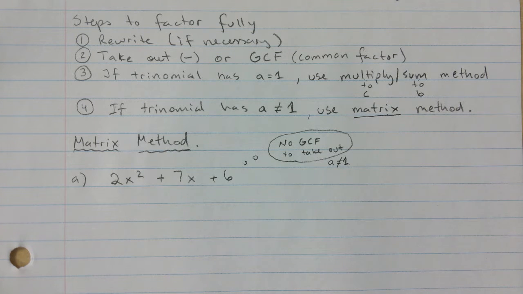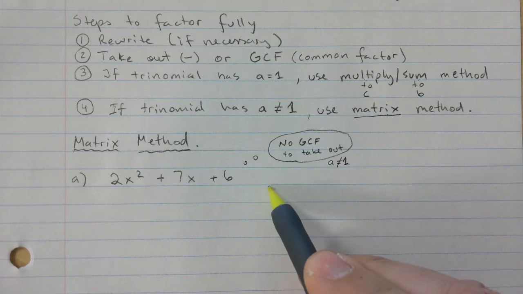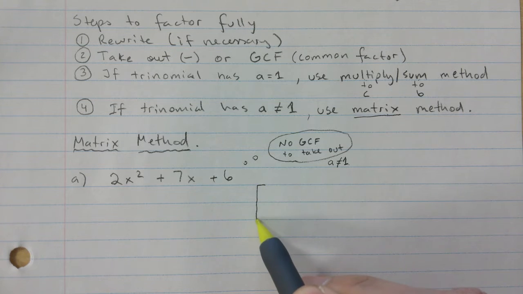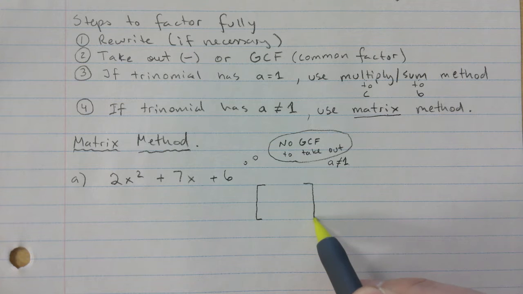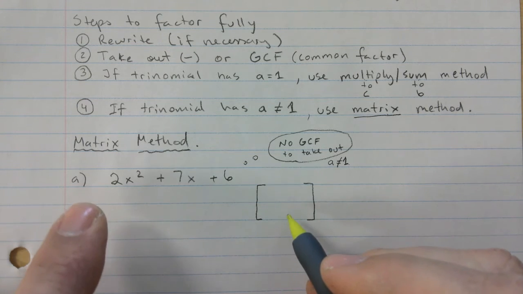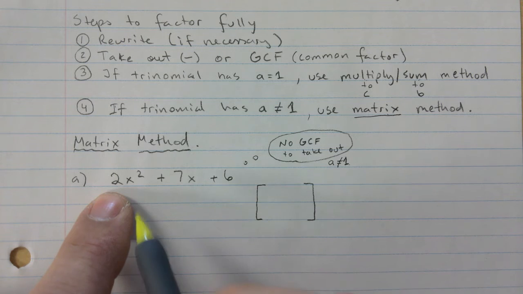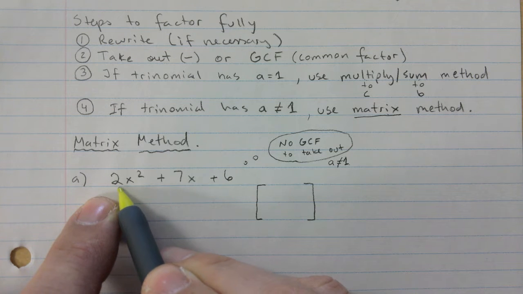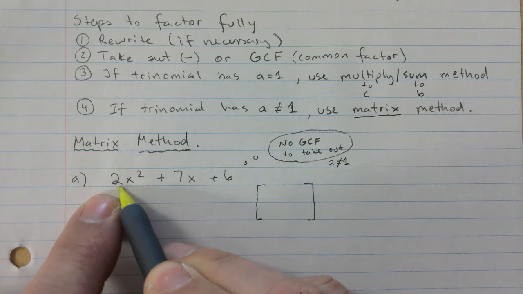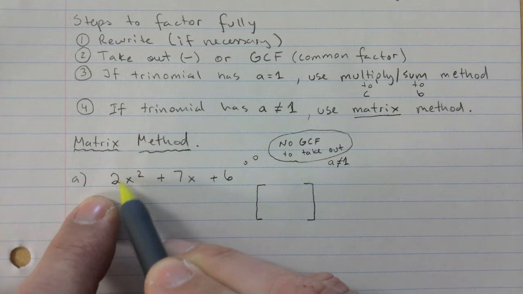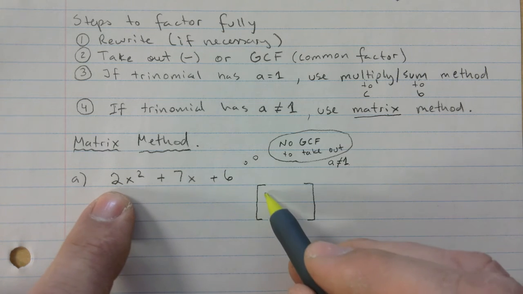Okay, so what you do is you make a little matrix here, like a little 2x2 box. I'm going to make several until we get to the right answer, just to show you what this could look like. So you take the factors of a. What makes a? In this case, it's only 1 times 2, and it's most likely going to be very predictable: 1 times 2, 1 times 3, 1 times 5, right? It's most likely going to be a prime.